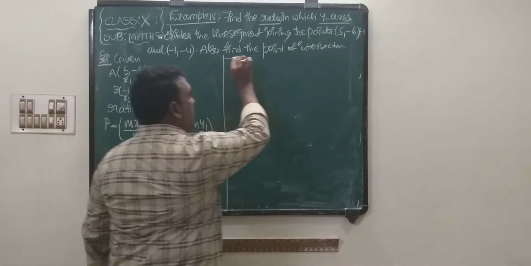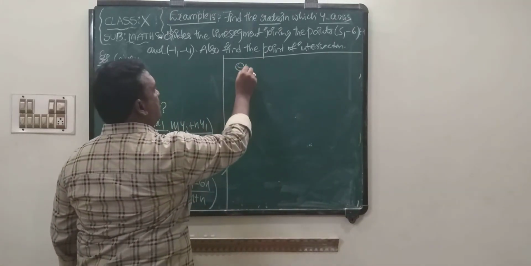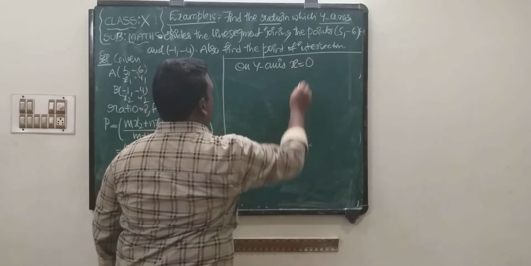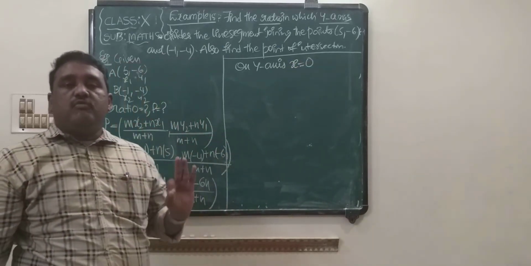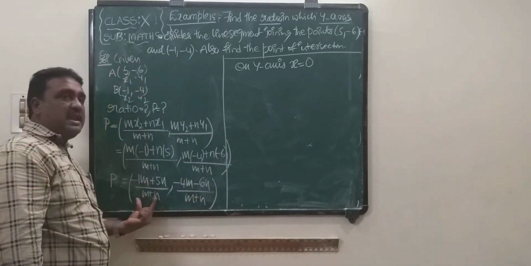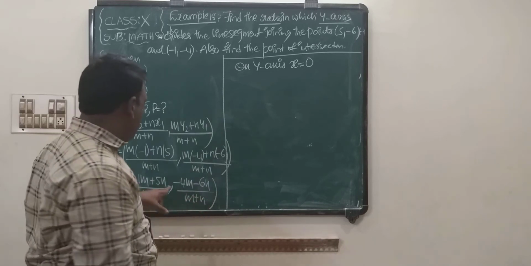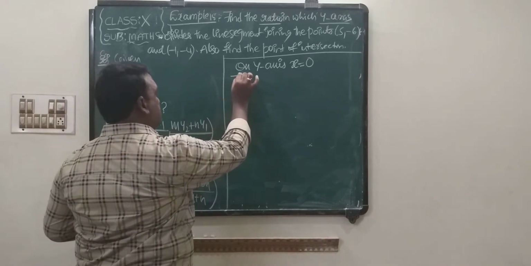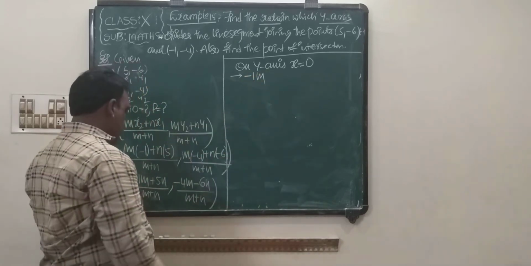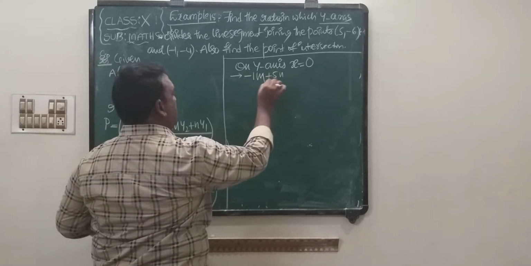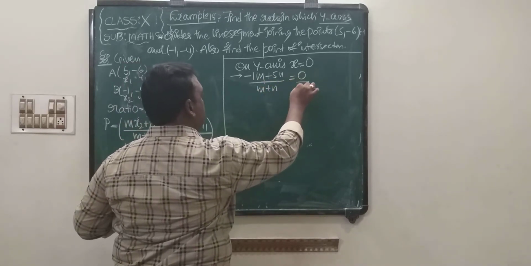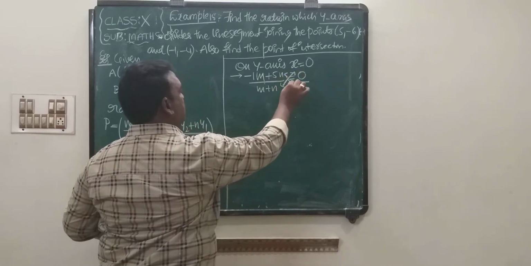Then what axis? Y-axis. On the y-axis, x equal to 0. Out of these two, the first one belongs to x, the second one belongs to y, you know. So let us equate the first one to 0. What is the first one? Minus 1m plus 5n by m plus n equal to 0, means 0 by 1. Do cross multiplication.